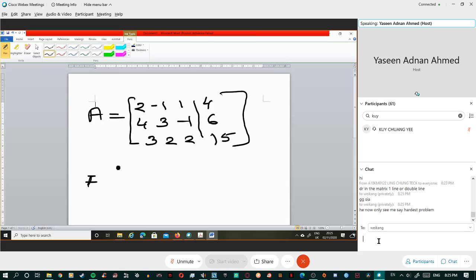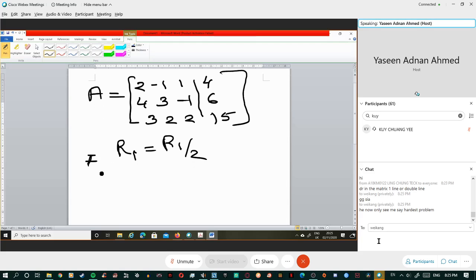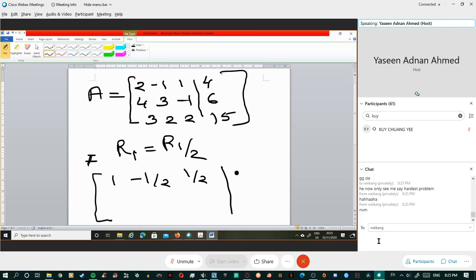So how we define? You have to write down the formula or the operation description. So in this case, R1 will be R1 by 2. Please do it. So if you divide R1 by 2, what you will get? So you will get 1, half, half, and this will be 2.